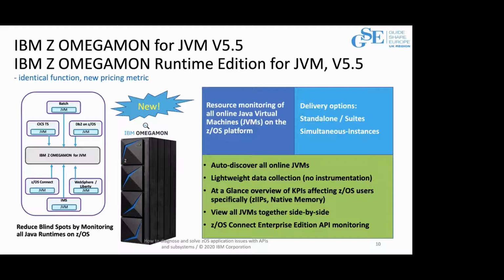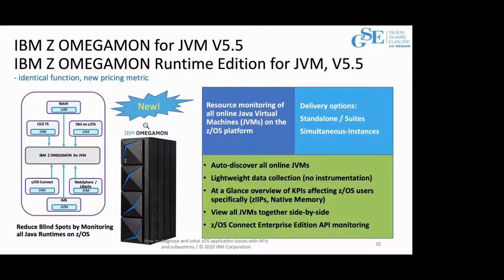On the delivery options, you do get an option to obtain Omegamon for JVM through a standalone PID or standalone offering, or you can obtain it as part of a suite. Now, the runtime edition, as I mentioned, IBM Z Omegamon runtime edition: there are requirements for some customers who really just want to monitor a subset of the JVMs in their production or maybe in their test environment.